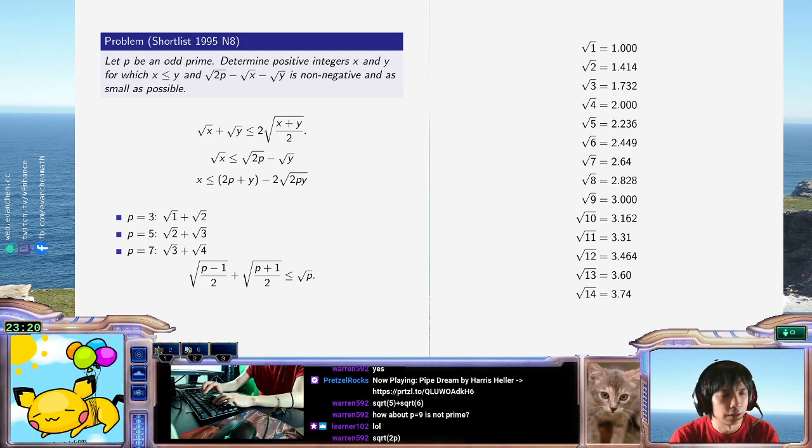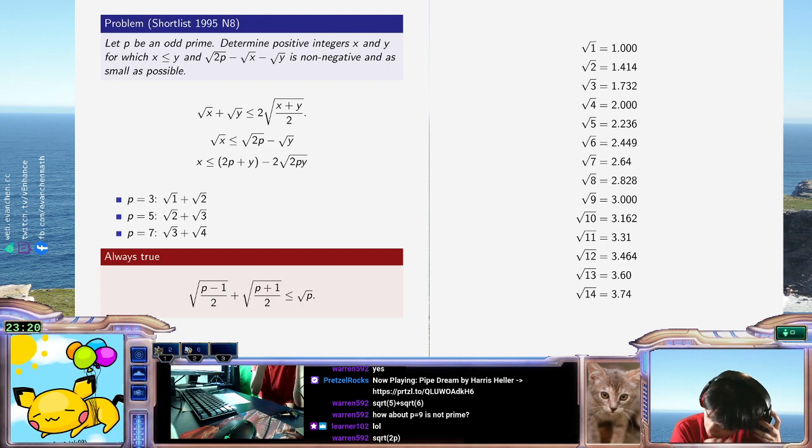This is always true, regardless of whether p is prime. So the bulk of the problem is going to be showing that you can't do better than this when x and y are random other integers. Okay, so I can probably hide the arithmetic then.